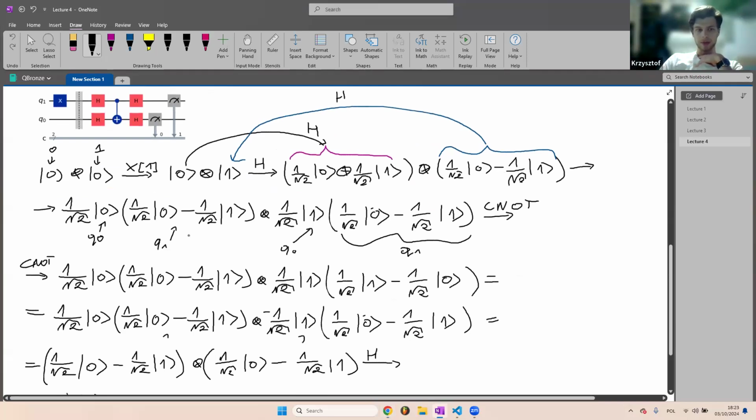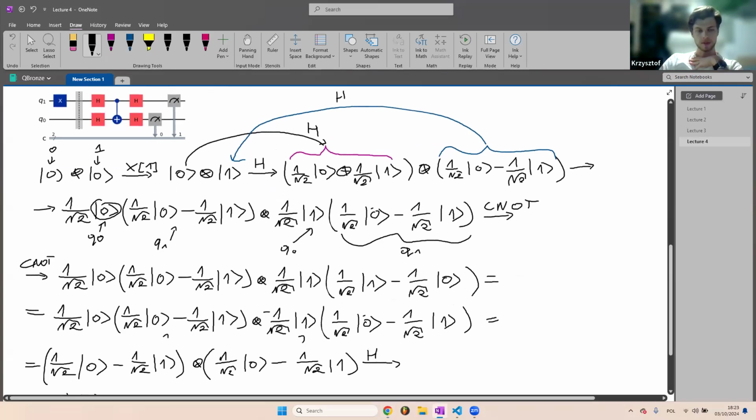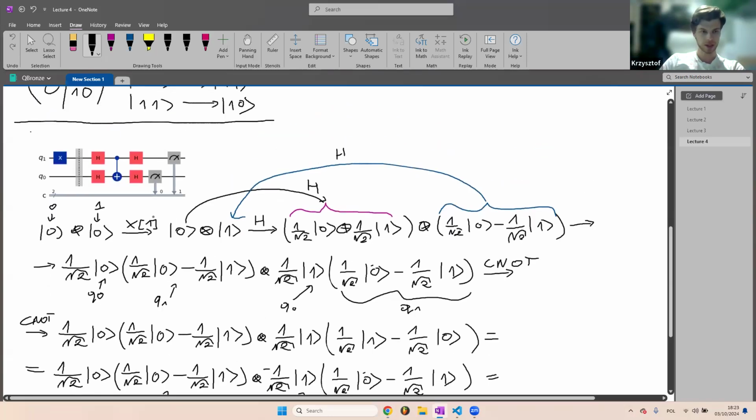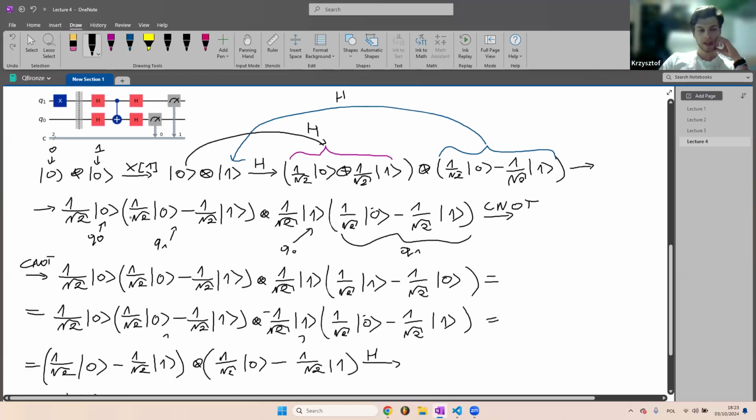Now we rewrite our expression in this form, so therefore applying a C0 operator will be easier. The C0 operator is, so actually the 0th qubit is the control qubit and Q1 is the target qubit. So the state of this qubit is changed.